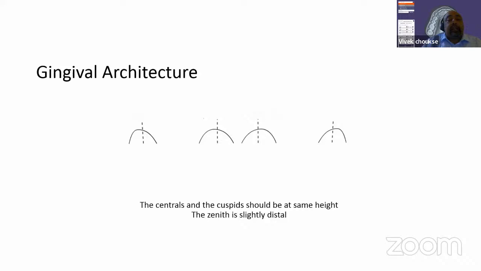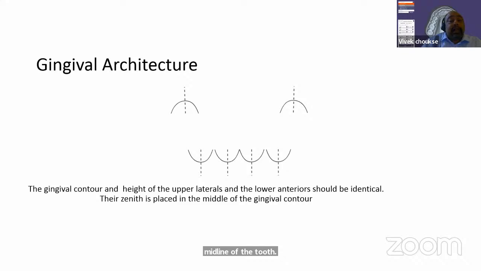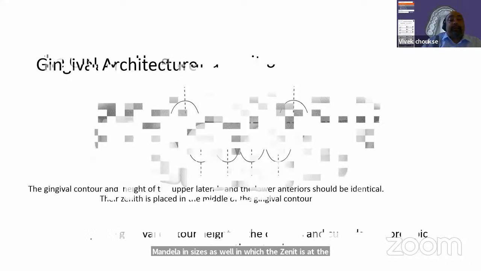Whether the central and the cuspids are at the same height and the zenith is slightly distal to the midline of the tooth, and also the zenith of the lateral should pass through the midline of the tooth and be identical to the mandibular incisors, in which the zenith is at the middle of the gingival contour.